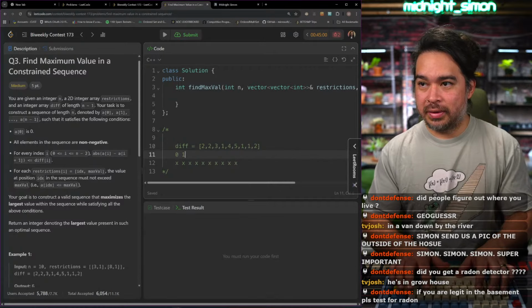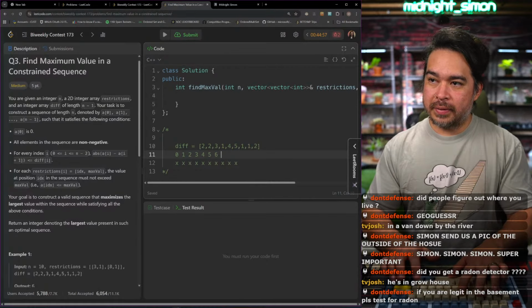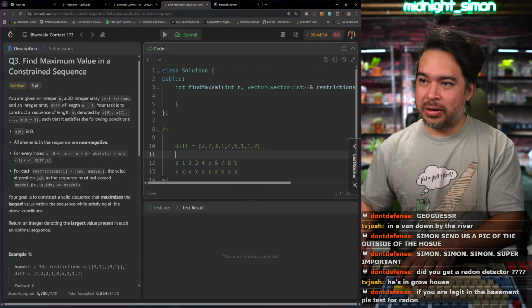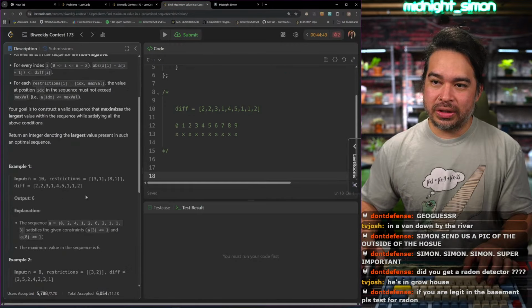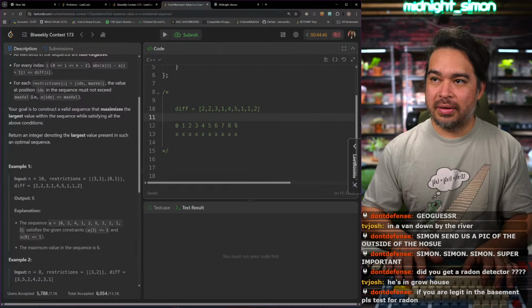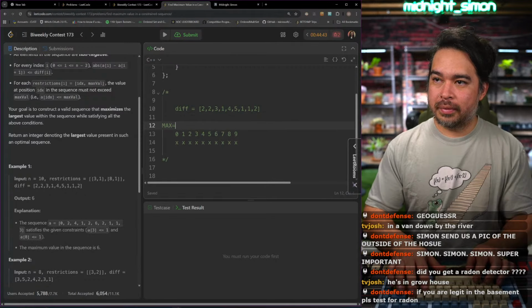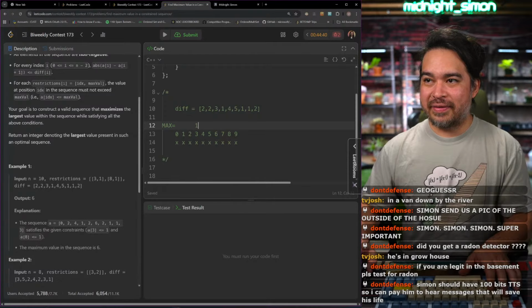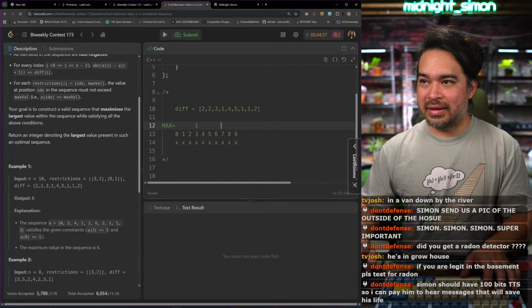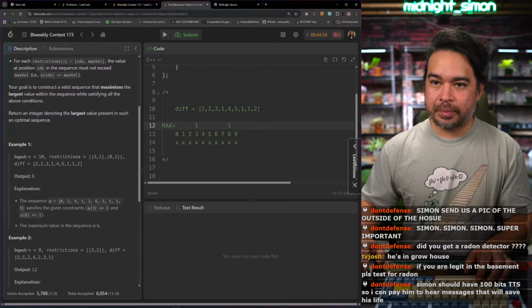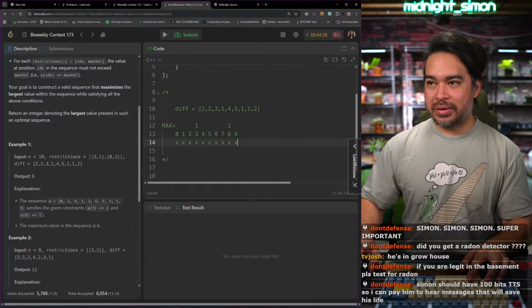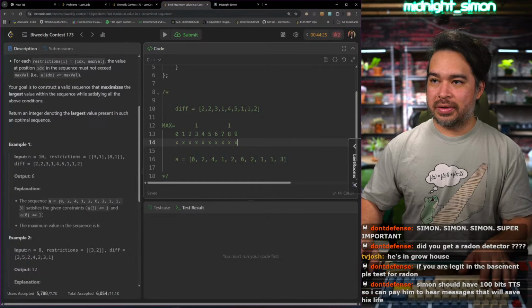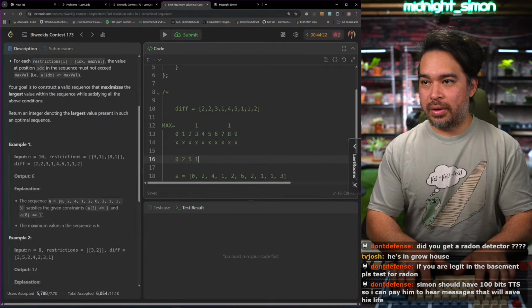I guess that means 5, 6, 7, 8, 9. So this would be my array that I have to construct. And they're asking me to put in these restrictions as well. So they say at index 3 the max value is 1, and index 8 the max value is 1. And they say the sequence should be, let me just write this down, 0, 2, 4, 1, 2, 6, 2, 1, 1, 3.